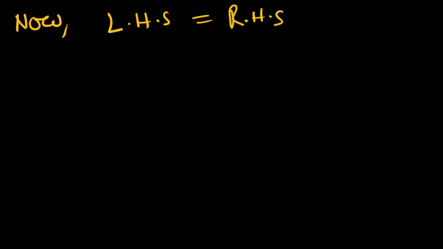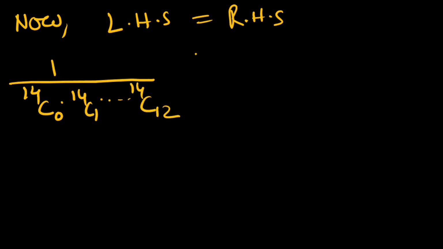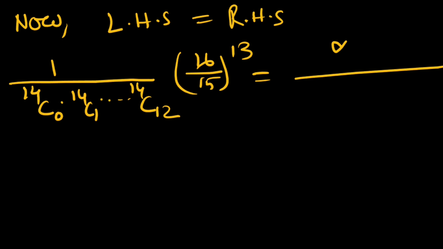Now we match left hand side equal to right hand side. On the left hand side we got 1 over 14C0, 14C1 up to 14C12 into 16 by 15 power 13, and on the right hand side, given alpha power 13, 14C0, 14C1 up to 14C12.